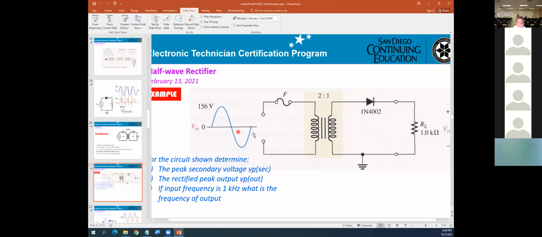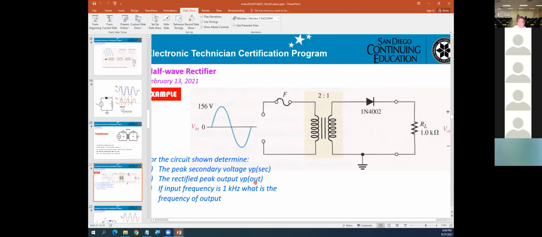156 times and add, that means 1, divide NP 2. So basically you take 156 divided by 2, you get a secondary.